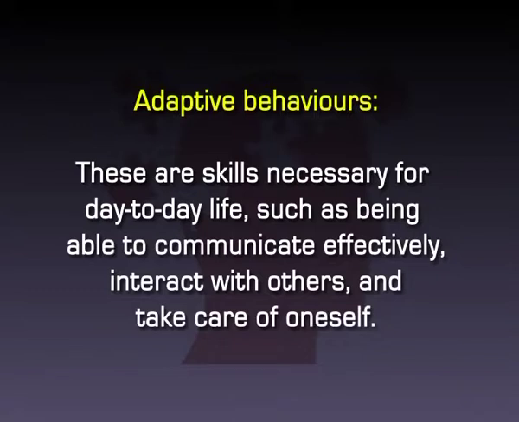These are skills necessary for day-to-day life, such as being able to communicate effectively, interact with others, and take care of oneself. Children with intellectual disability learn more slowly than a typical child. People with severe or profound intellectual disability need more intensive support and supervision their entire lives.